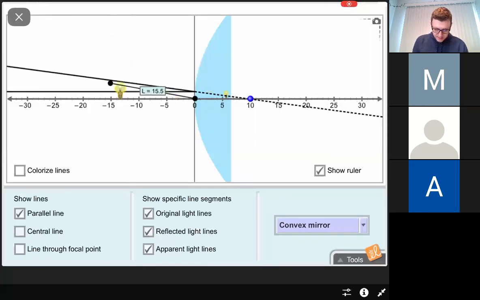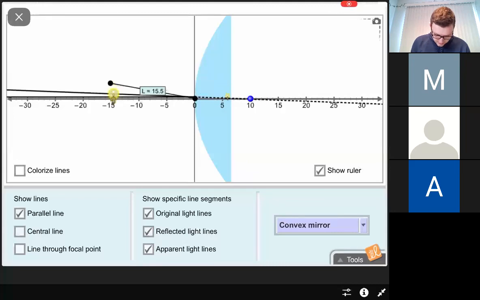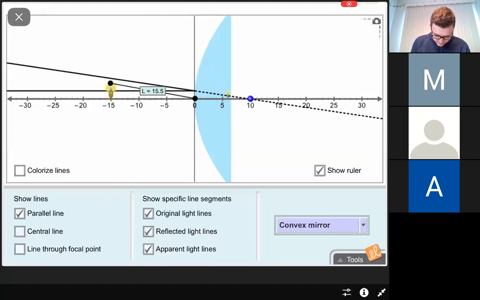Touching the wrong things. There we go. We'll do the image to the front of the mirror, so that's 0. If I could do it perfectly, it should be right about 6.